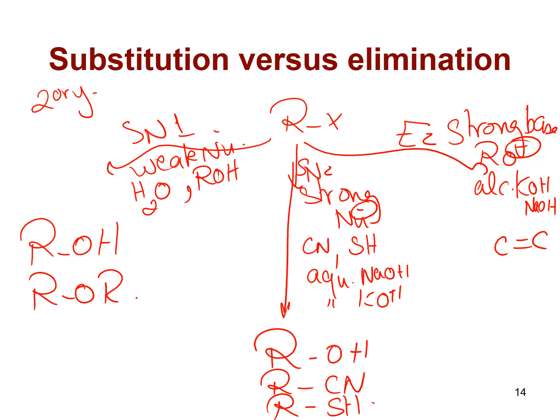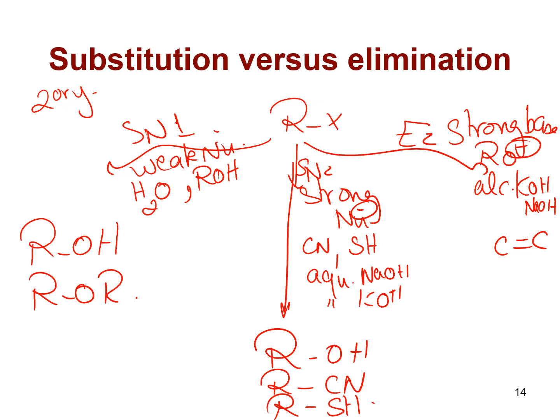So again, the methyl only gives SN2. The primary will give the SN2 and the E2, depending on whether it's a strong base or a strong nucleophile. A strong nucleophile will give the substitution, a strong base will give the elimination.